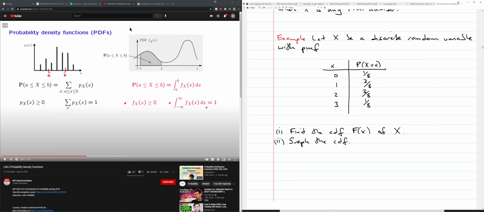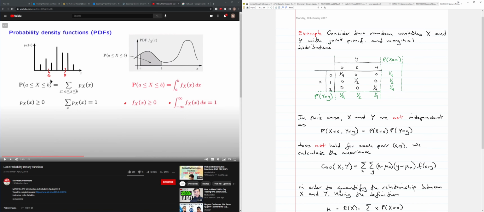So the point I want you to get out of this is that the PMF for a discrete random variable and the probability density function for a continuous random variable have analogous properties. And one main thing to note is that for a continuous random variable, in order to do the summation, you need to do integration.